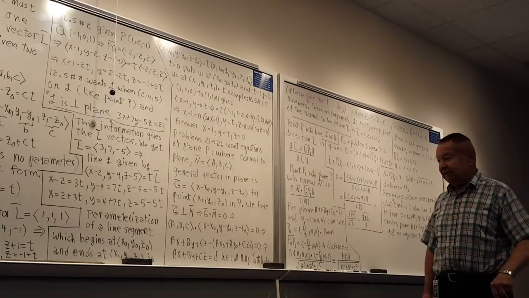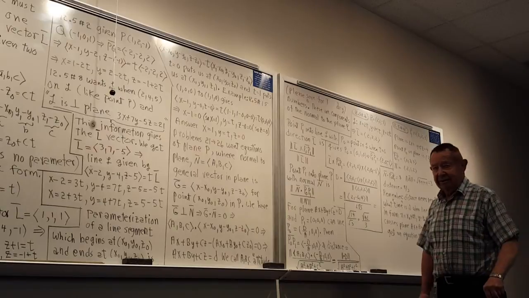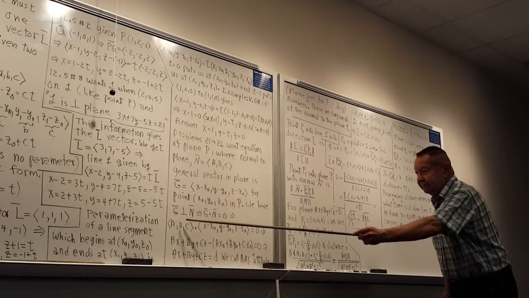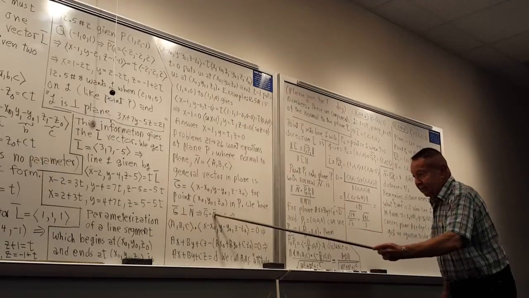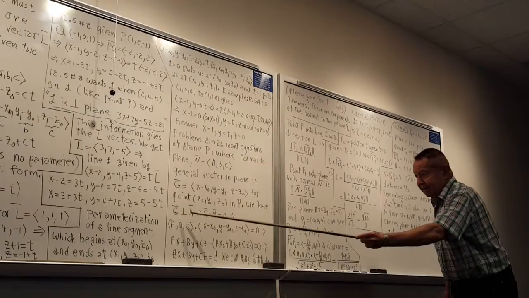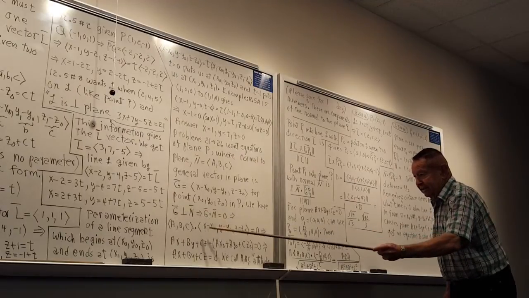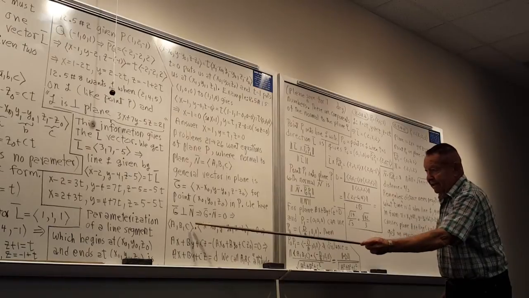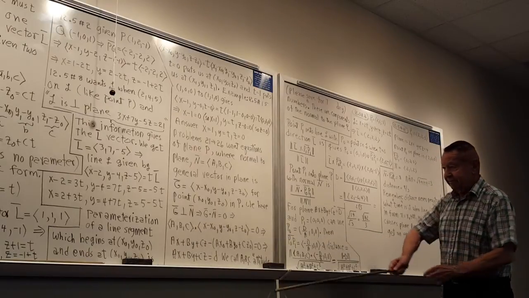So that specifies the equation of your plane, where your normal is the vector A, B, C, and the vector is x minus x0 and so on. So you write out this dot product.